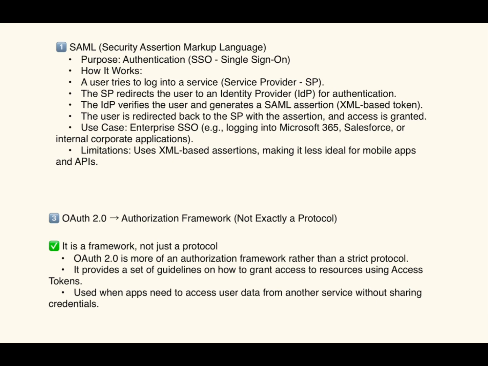The important point, or the confusion which I had in the past, was that I do understand what a service provider is, but I had never understood who the IDP is in that particular case. So we need to understand that the service provider knows which IDP to use based on company configuration, email domain, pre-configured settings, or federation.